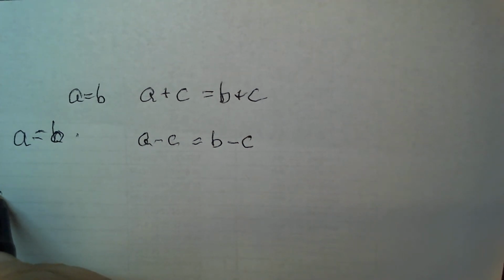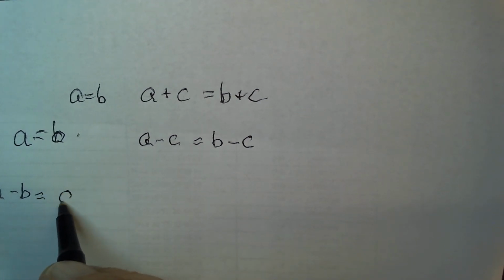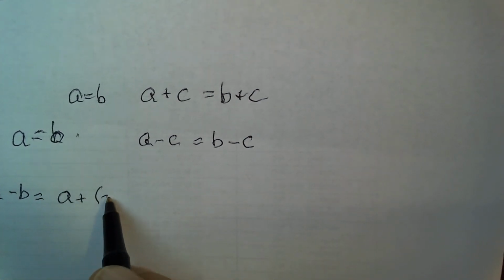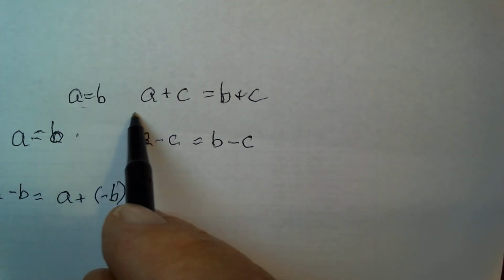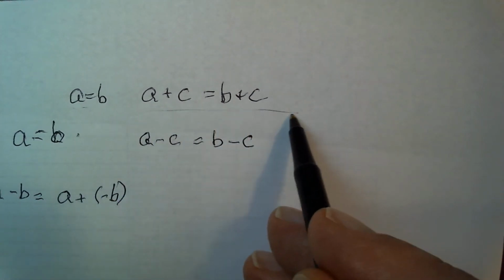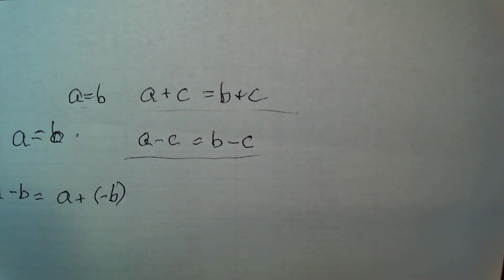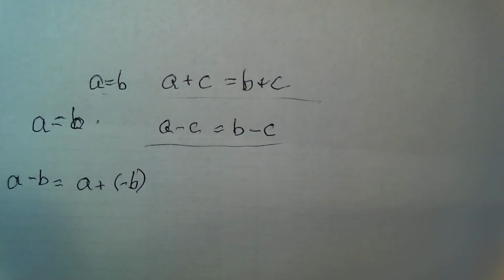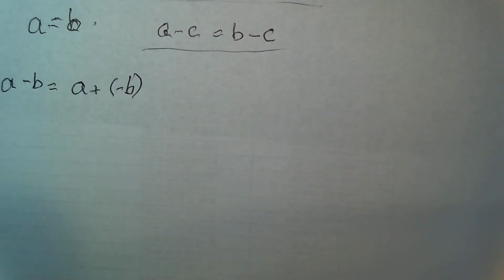In other words, A minus B is the same as A plus the opposite of B. So the addition principle works whether we add a number to both sides or subtract a number from both sides. And so we're going to use that principle to solve some basic equations.